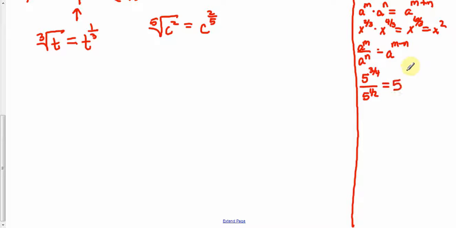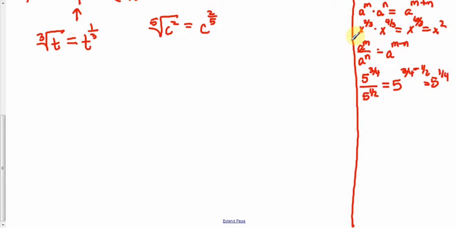You'd keep the base of 5 and do 3/4 minus 1/2, which would be 5 to the 1/4 power. So you're just subtracting the exponents.